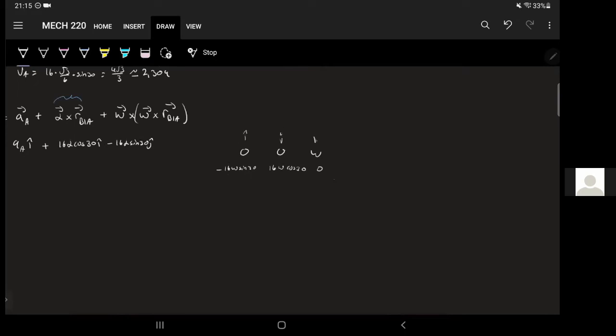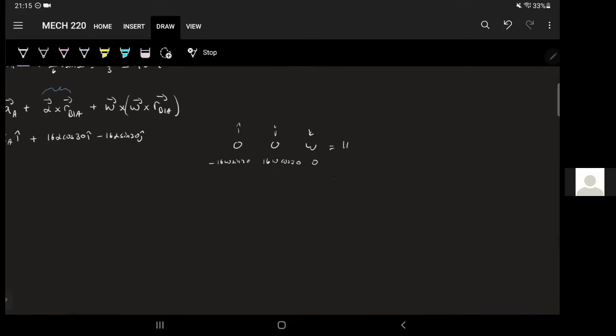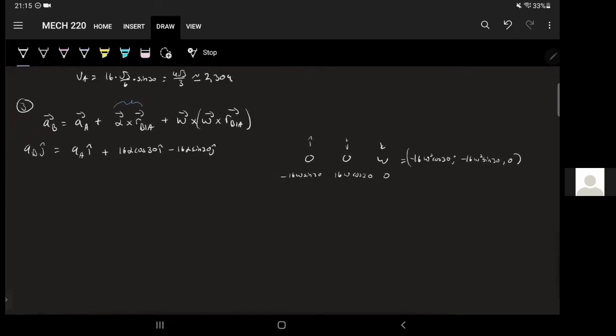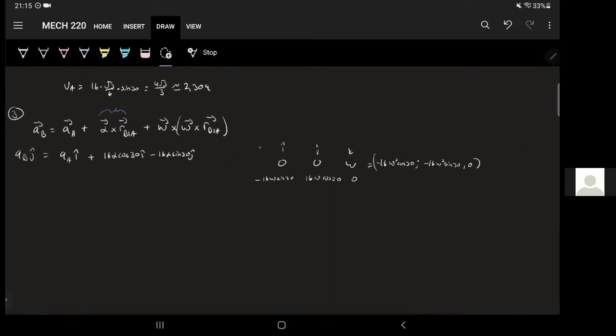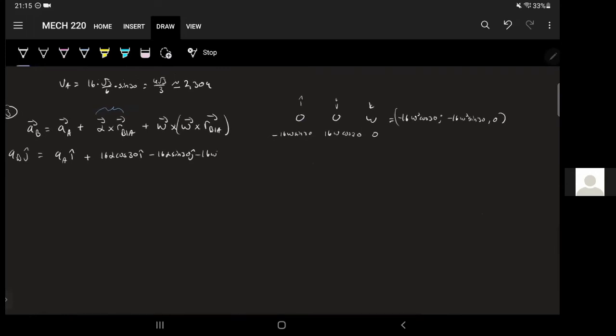And basically the solution will just be 16 minus 16 omega squared cos 30, and 16 omega squared sine 30 and 0, which is what we expect out of this formula. Okay, let me put this aside here. So minus 16 omega squared cos 30 minus 16 omega squared sine 30.